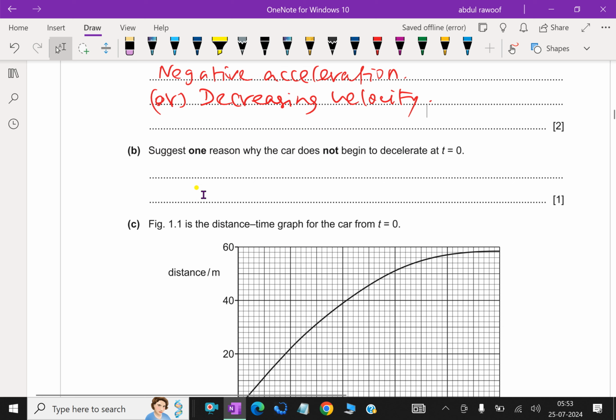Question B. Suggest one reason why the car does not begin to decelerate at t equal to 0. Maybe the delay in applying the brakes, that is because of human beings, some time delay for applying the brake.